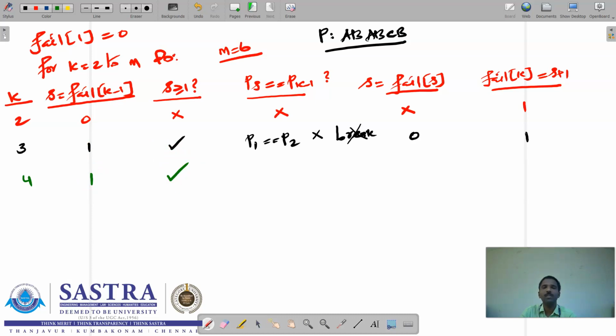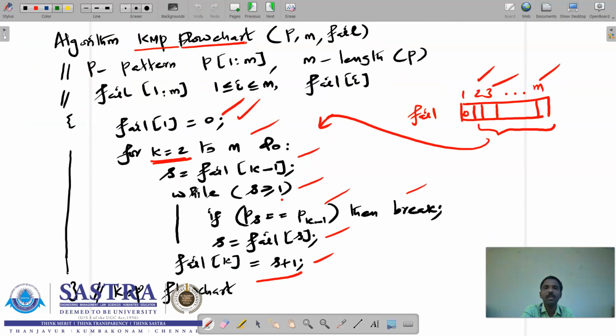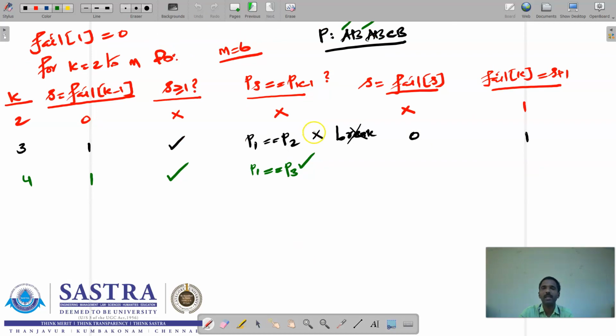Now check the pattern characters PS and PK minus 1. PS is P1, is equal to pk minus 1, which is P3. Checking if P1 and P3 are equal, right? Yes.